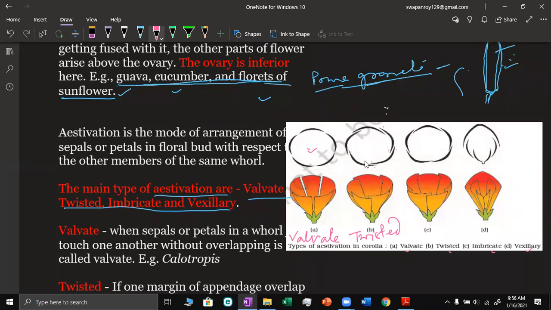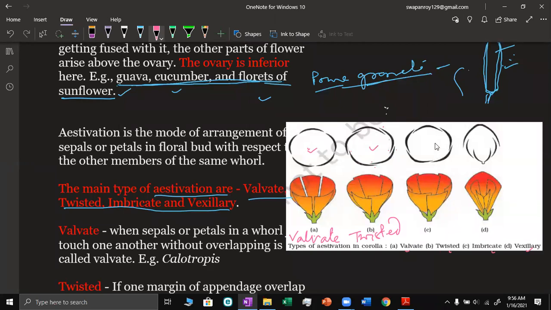In a regular fashion, in a particular direction, one margin is covered by the previous one, and the other margin is covering the next one. So this is called twisted.